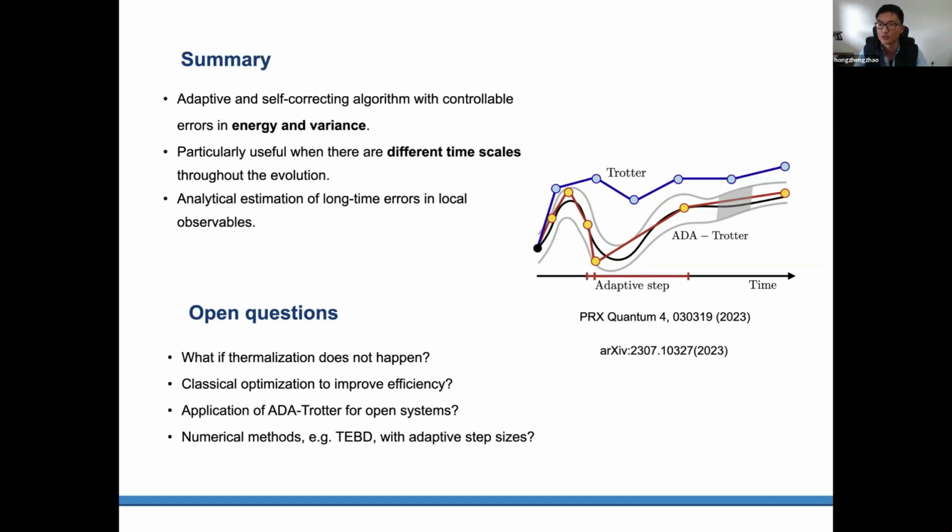Or is it possible to generalize it to open quantum systems? Or more generally, whenever characterization is involved, even in classical numerical methods like the TEBD method, you can always think about whether it is possible to adapt the step size to improve the efficiency of the algorithm.